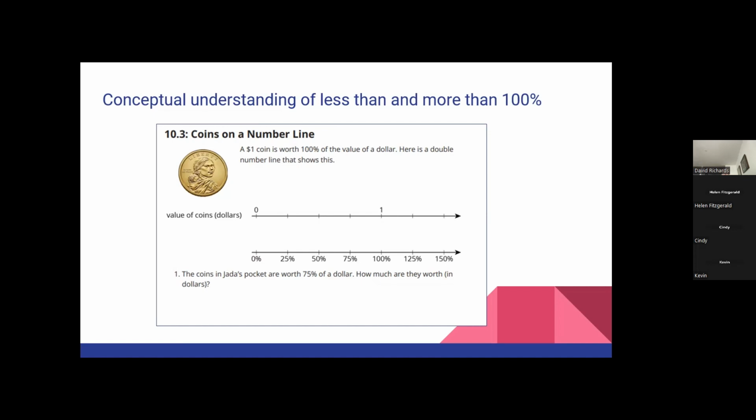That's a little tricky of a way to explain it, right? What percent of a dollar are these? And so again, go back to that image of the 100 grid and explain if you had more than one of those grids and only half of it was colored in, that would be 100 plus 50%.